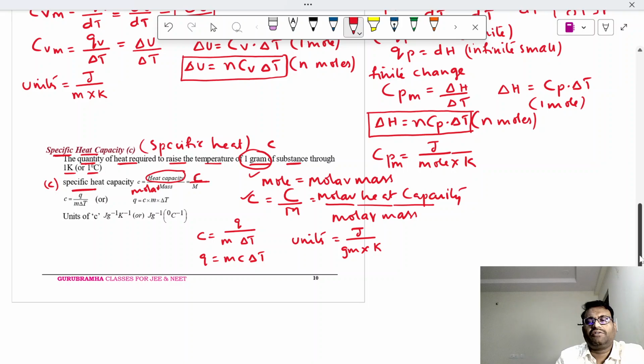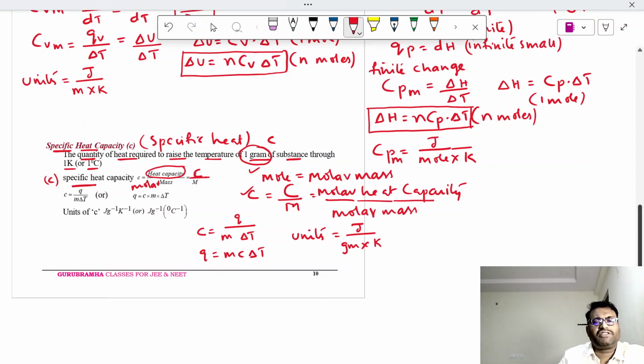Next, let us see the relation between heat capacity and specific heat capacity.